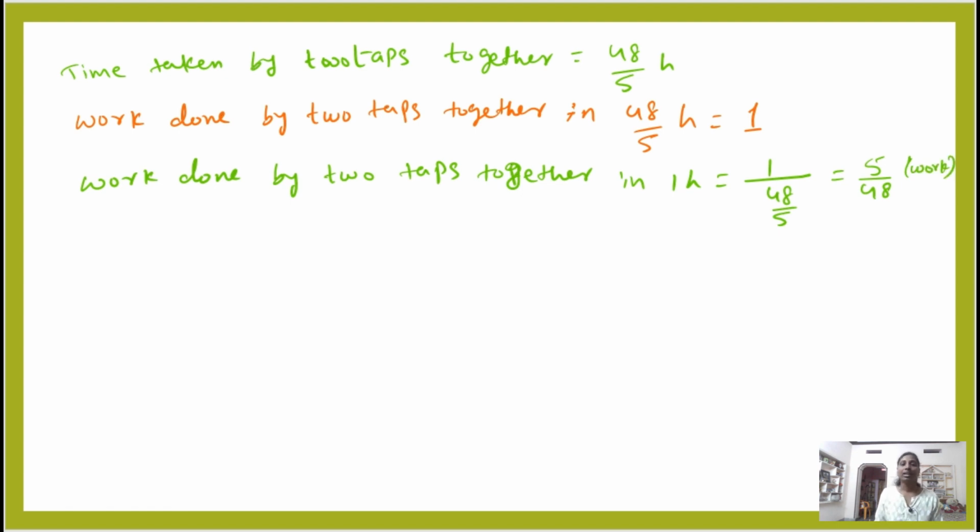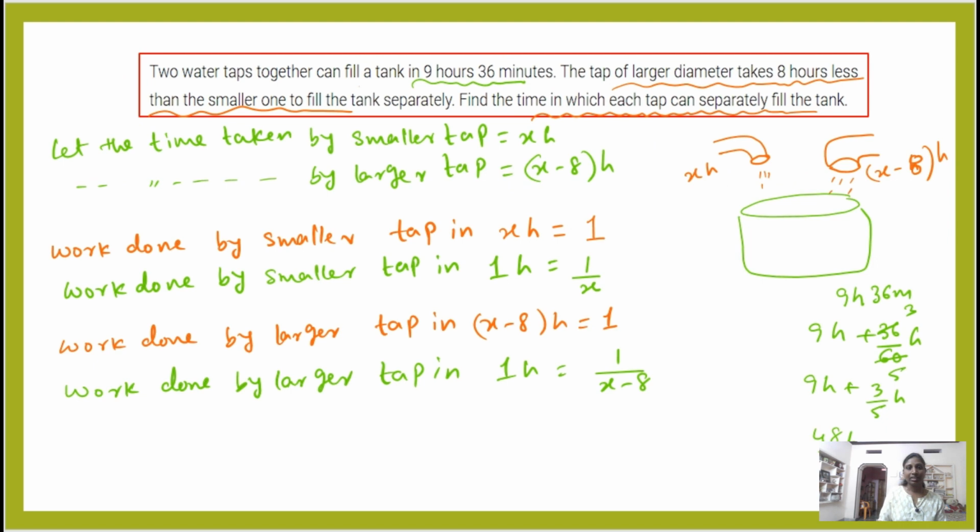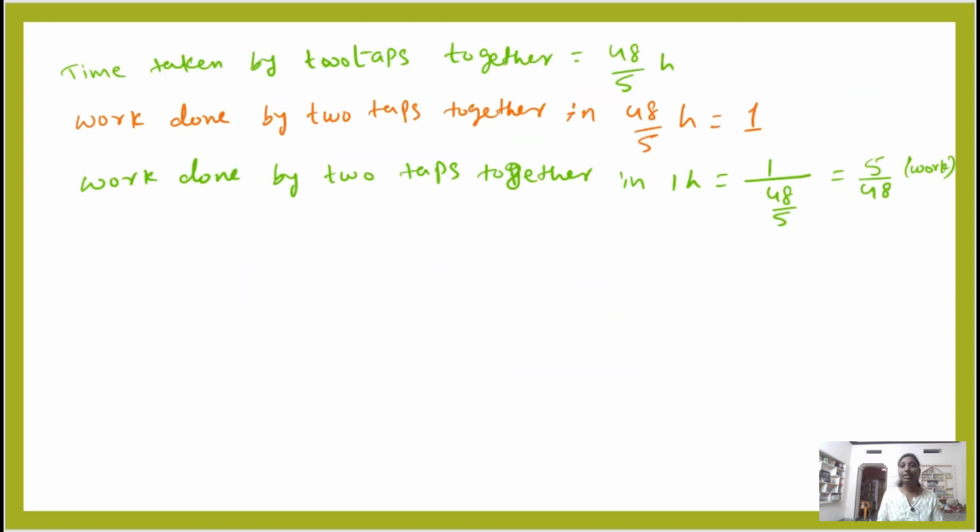Okay. So now let's see the previous slide. Here work done by smaller tap in 1 hour is, let us name it equation number 1. Work done by larger tap in 1 hour is equation number 2. Now work done by two taps together in 1 hour is 5 by 48.